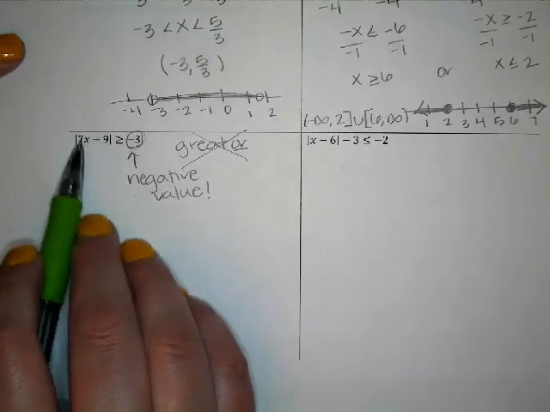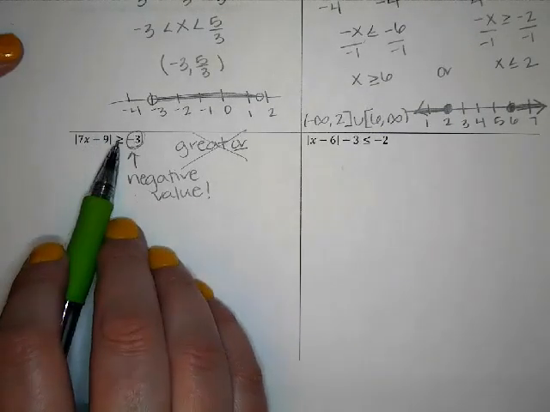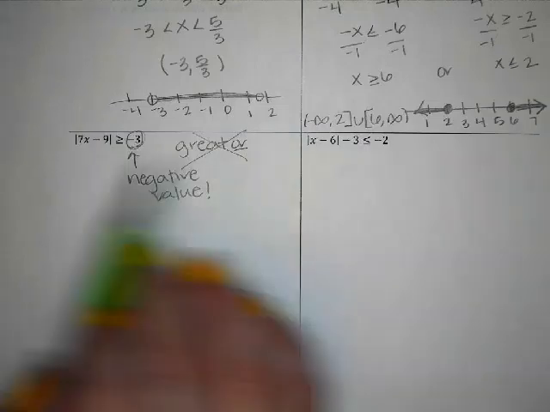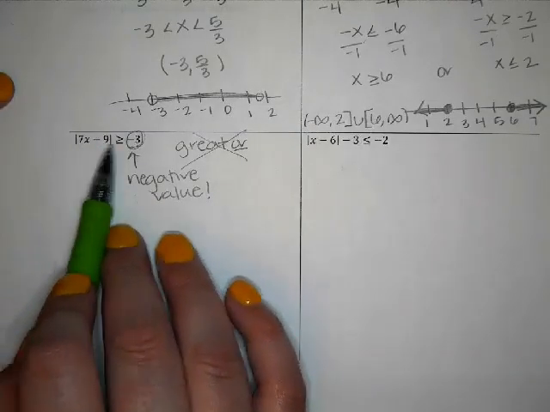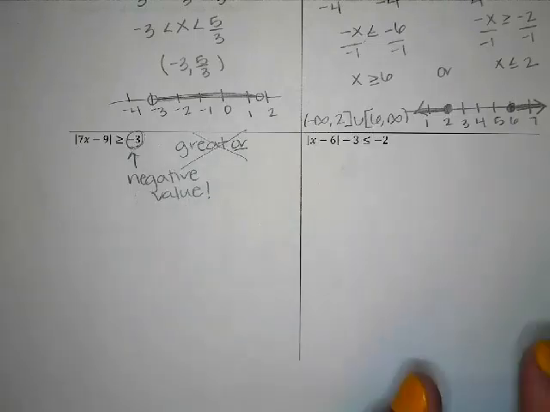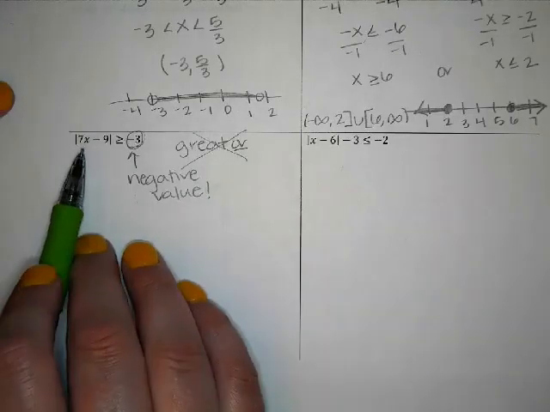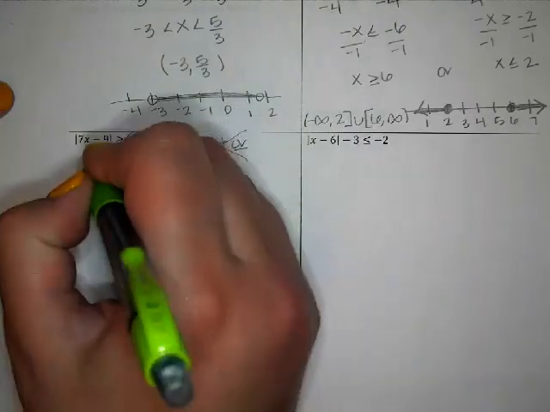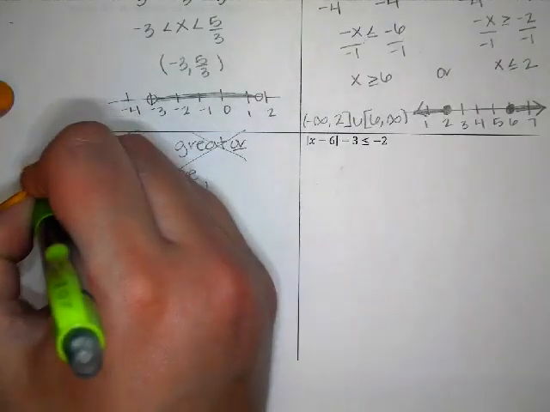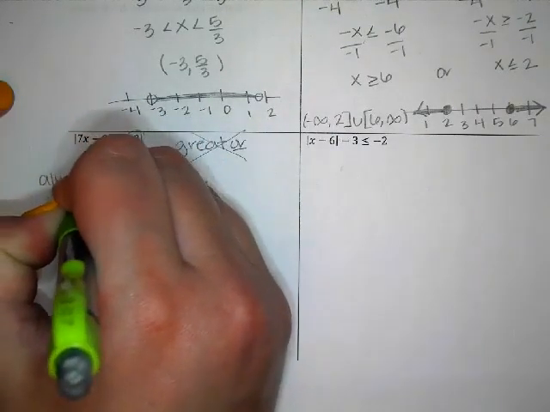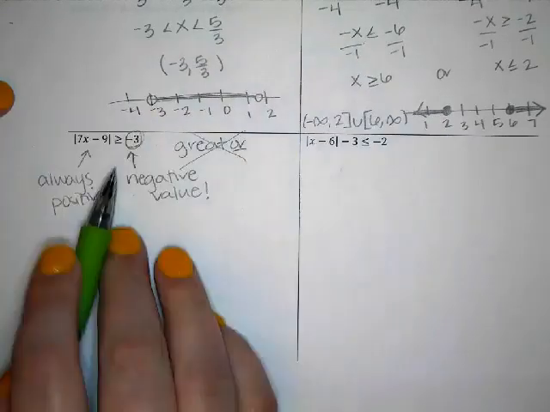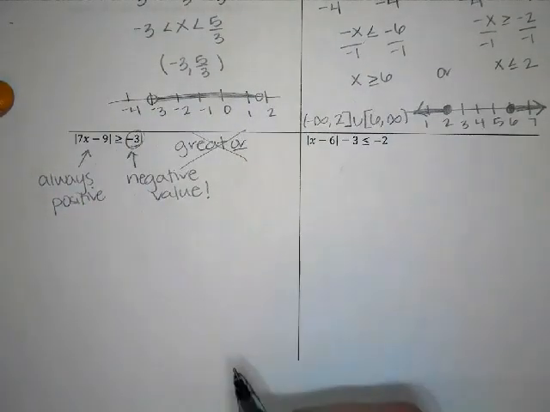So if this right here had said less than, we would say there's no solution to the problem. It's not even possible for something that is supposed to be positive to be less than a negative. You'd say no solution. But here we have an absolute value, which is always going to be positive, is greater than or equal to negative 3.